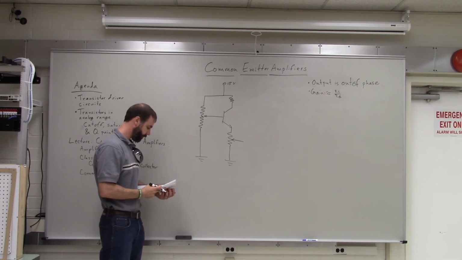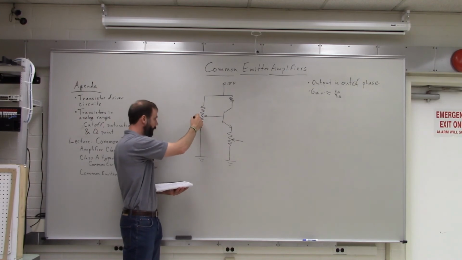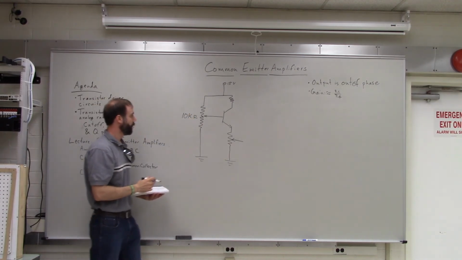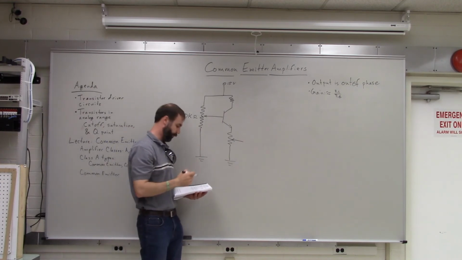So this resistor on the left is a potentiometer. So this is going to be used to set the quiescence point, all right?